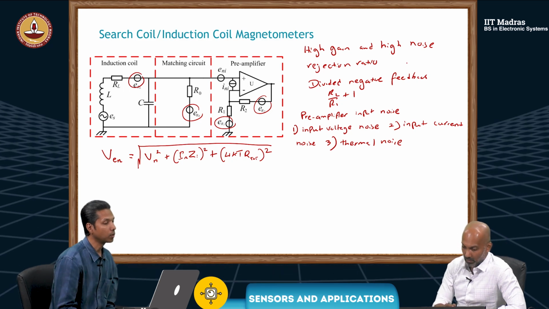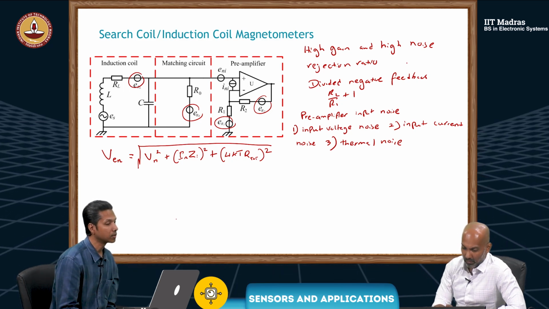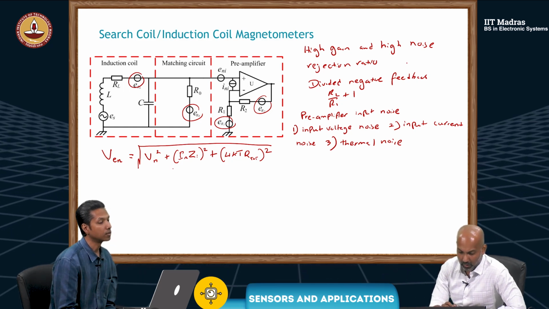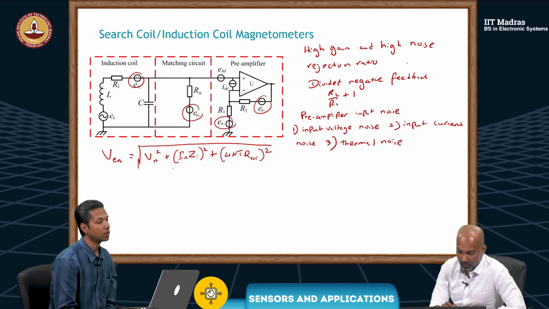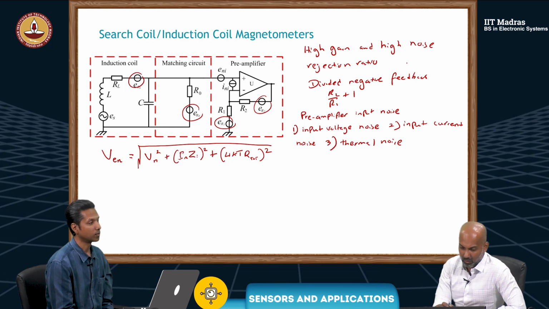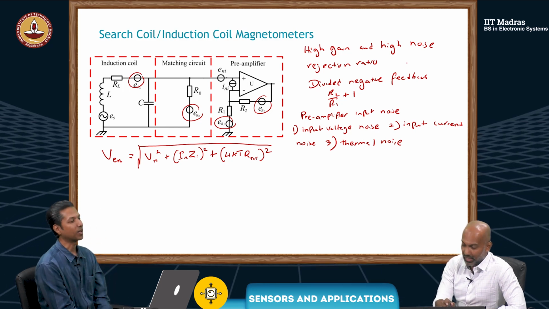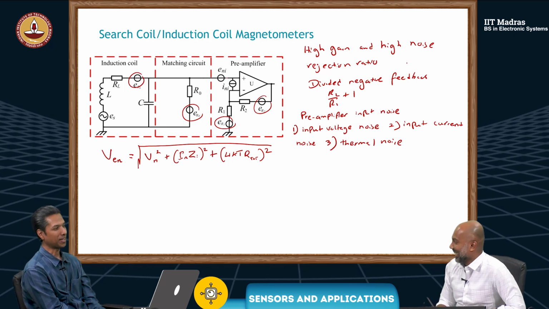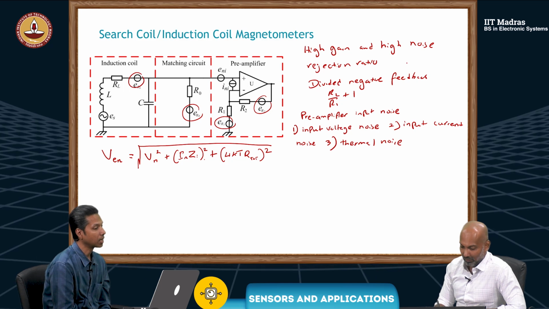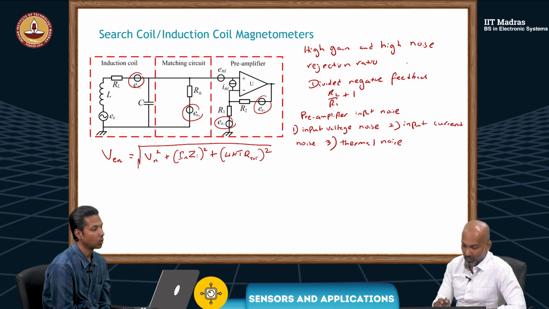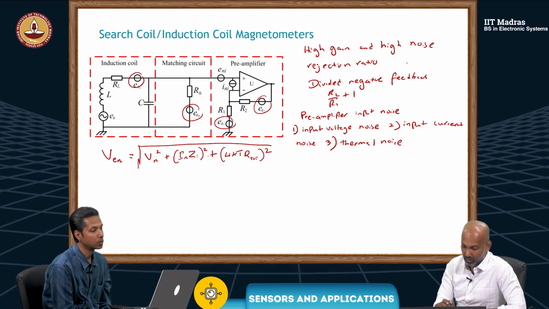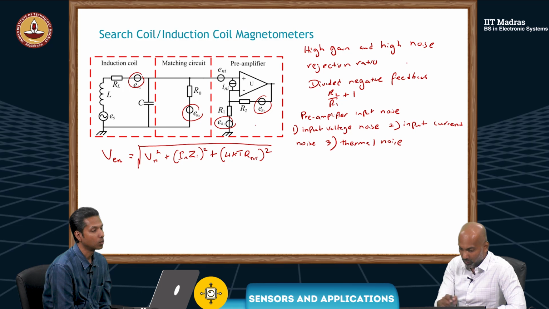Because in the equivalent circuit, it is written as ENI. Where is that? ENI, op-amp. ENI is just there. So the Vn, is it ENI? No. This ENI is this one here, and that's your thermal noise, which is all the resistances.